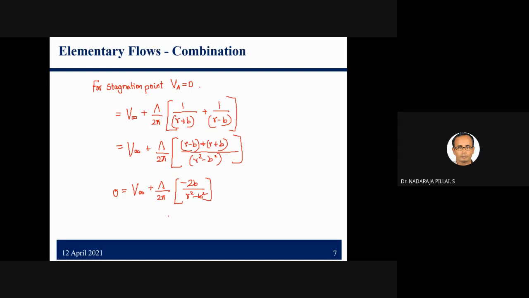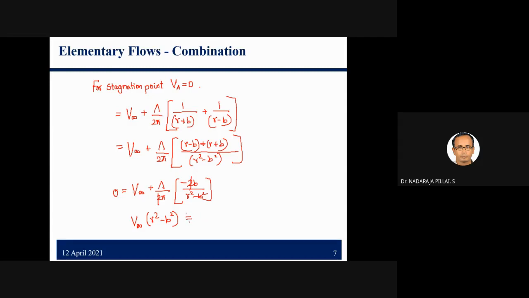So we can write V infinity into R square minus B square, right? I take this to the other direction, and these two can be cancelled.